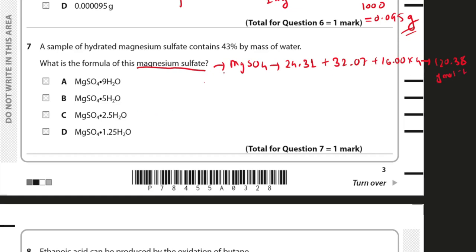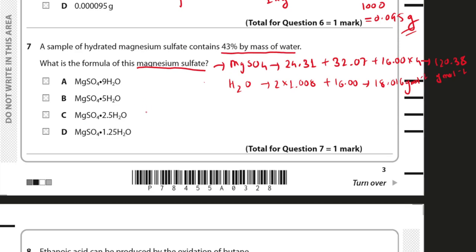Moving on, again, let's find the water's mass. That is nothing but 2 times 1.008 plus 16, which would provide us 18.016 grams per mole. So we now know the molecular mass of MgSO4 and water, and they already said that 43% by mass of water is provided. So the mass is provided in the form of a percentage.